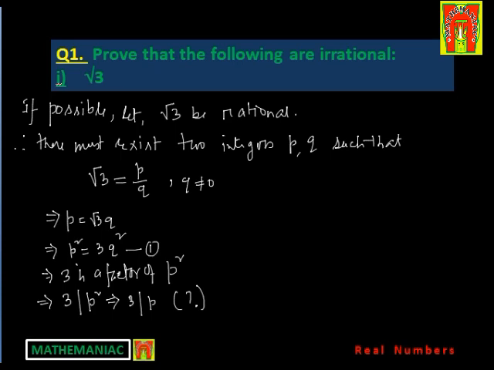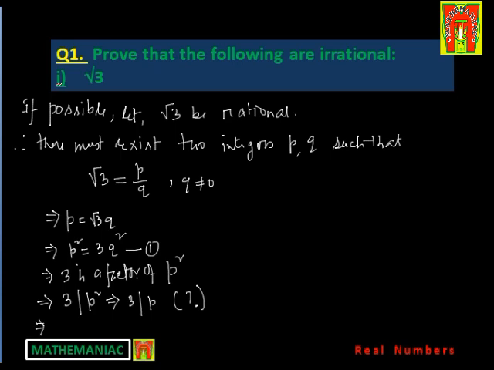So can you verify the steps? Root 3 I considered as this. Then we did a cross multiplication, so it will be p equal to root 3 q. Squaring it, p square equal to 3q square. 3 is a factor of p square. That means 3 divides p square. And that will imply 3 divides p by the theorem.